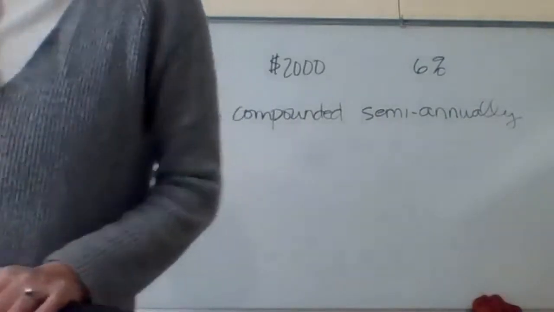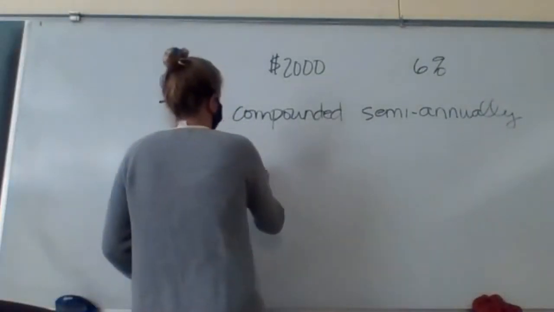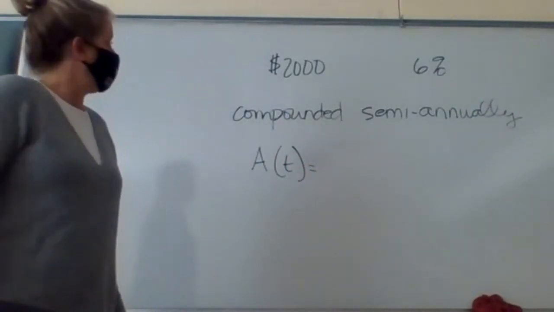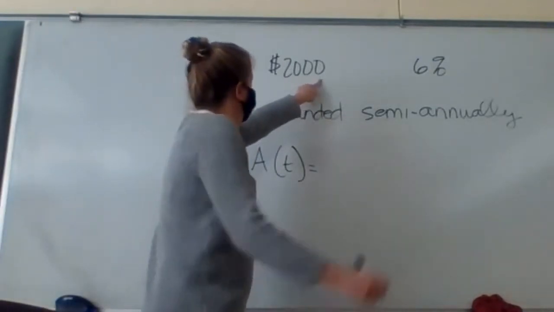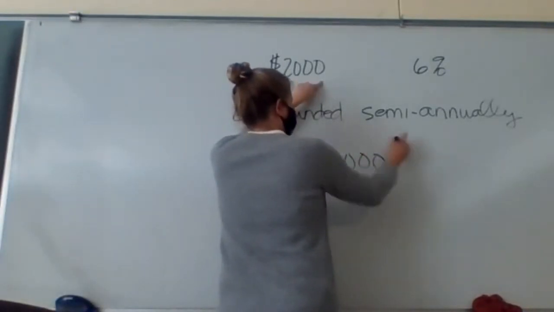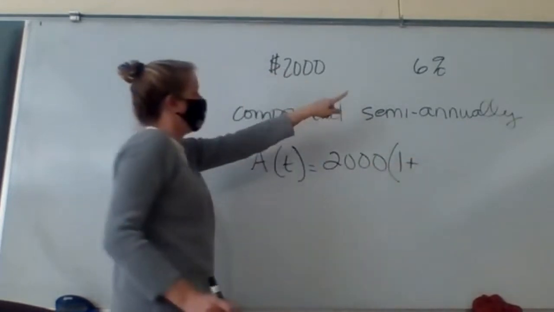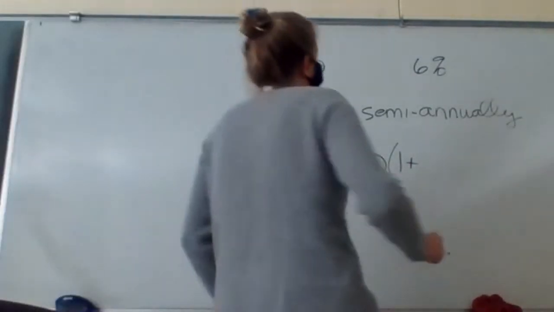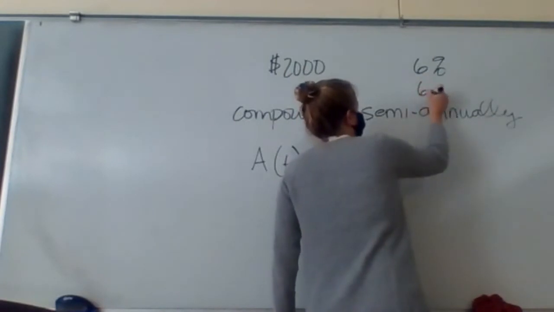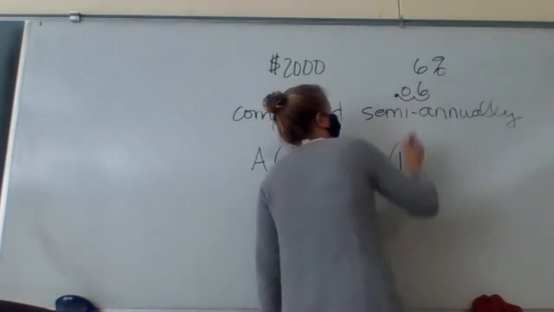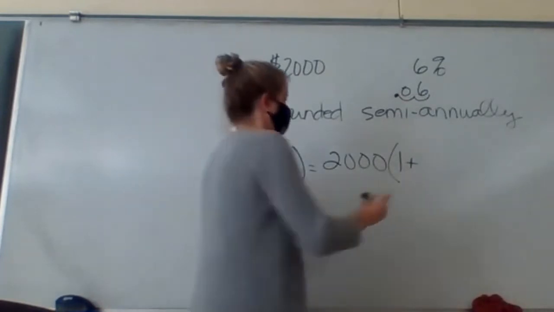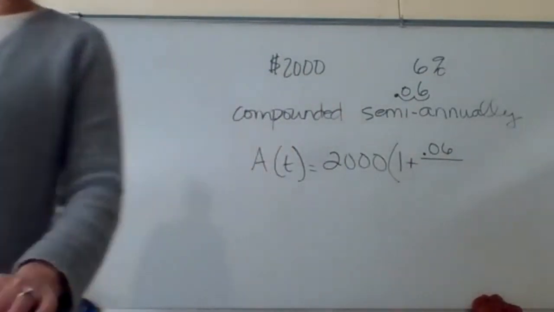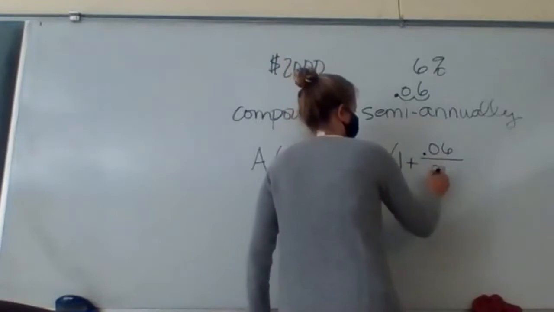So our formula will be, the initial investment is $2,000. Then 1 plus, the top of our fraction is going to be the interest rate, but in decimal form. So 6 means move it 2 places to the left. So 0.06 over the number of times compounded, which is semi-annually, which means twice.